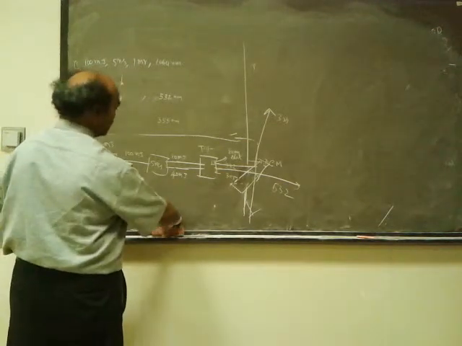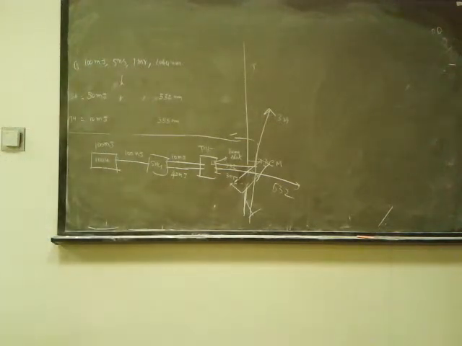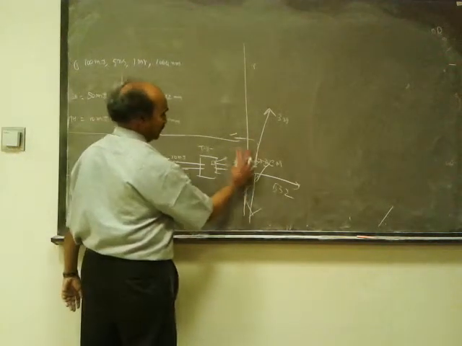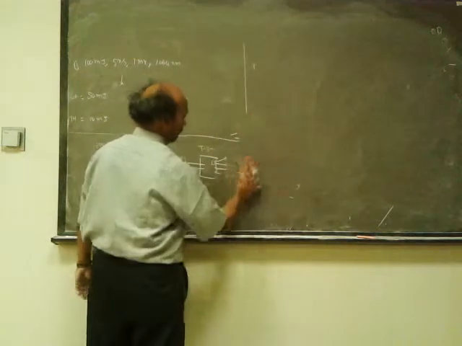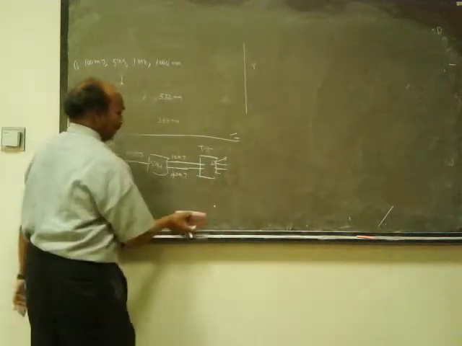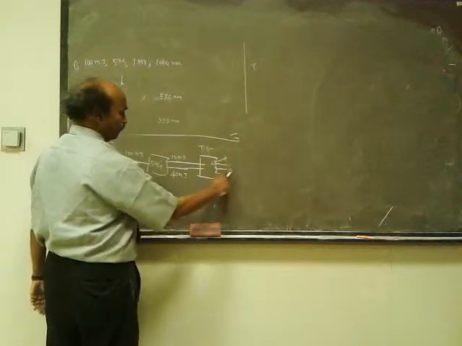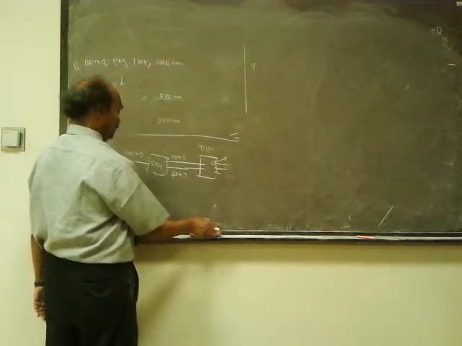Let us go to the next interesting topic. We have seen all the important features of second harmonic and third harmonic. Can we do fourth harmonic? Yes, we can. Look at it. Can I put a crystal here?